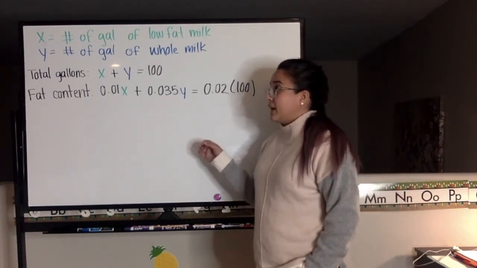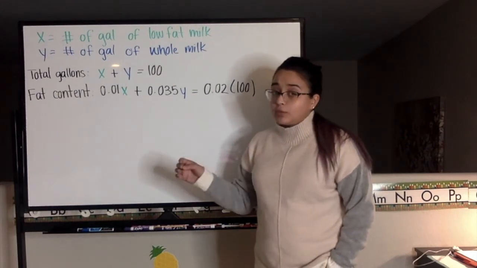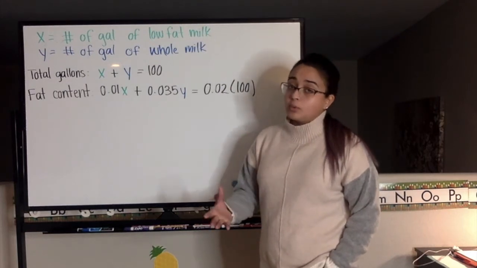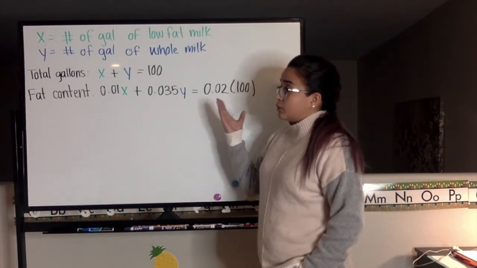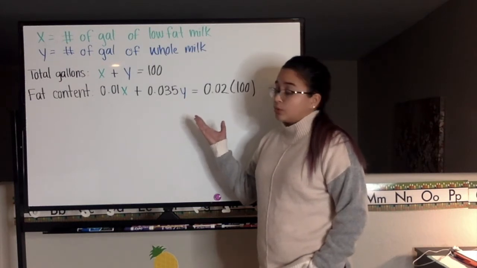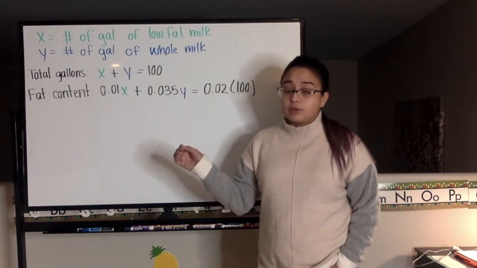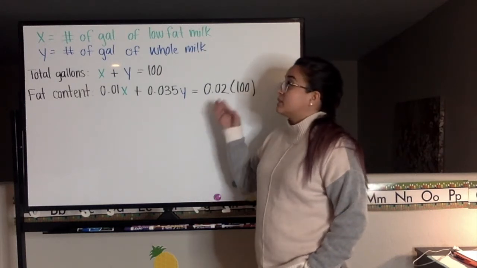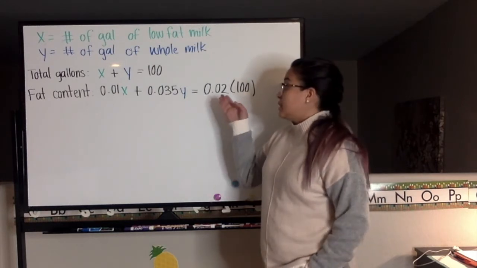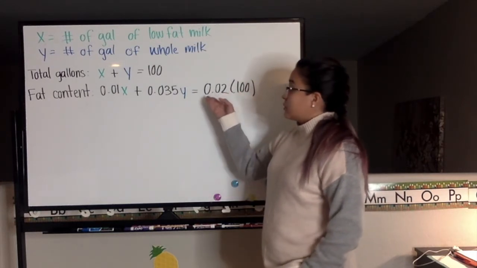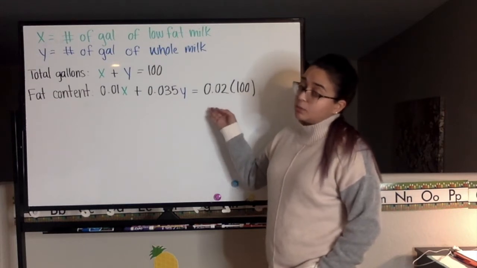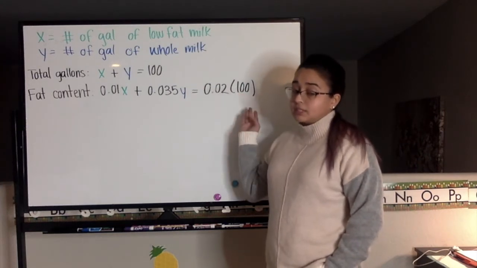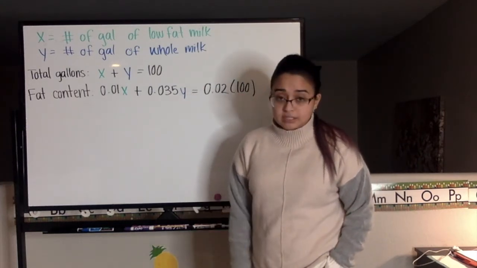This is where we have 1%, which is 0.01, times X, which is the amount of low-fat milk, and we're going to add that to 0.035, which is 3.5%, times Y, which is the amount of whole milk, equal to 2%, which is 0.02, times 100, which is the amount of 2% gallons that we are going to be producing.